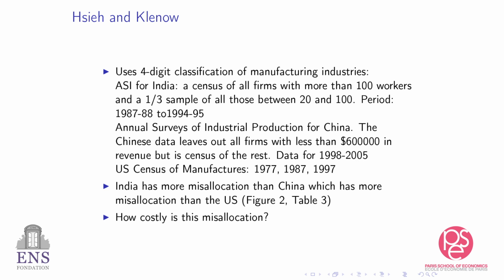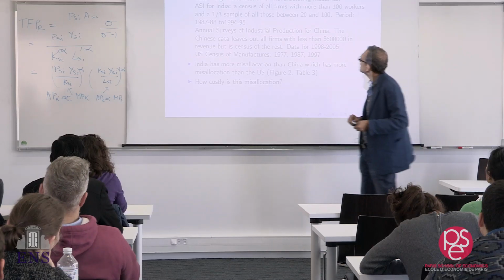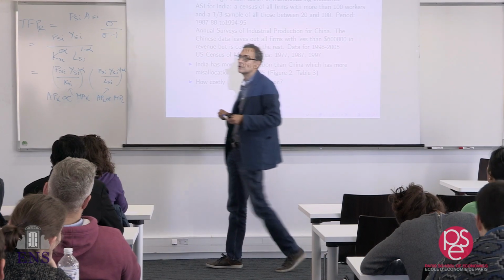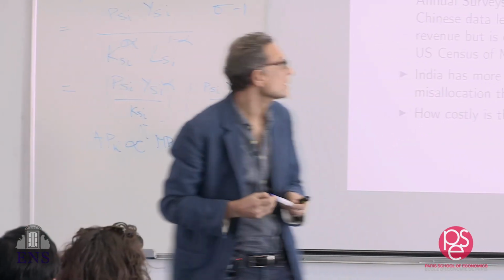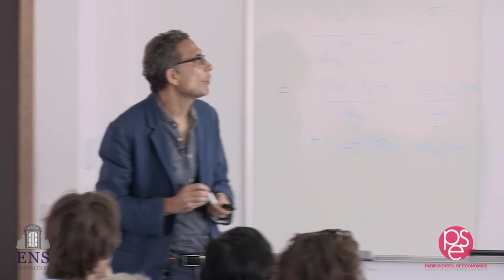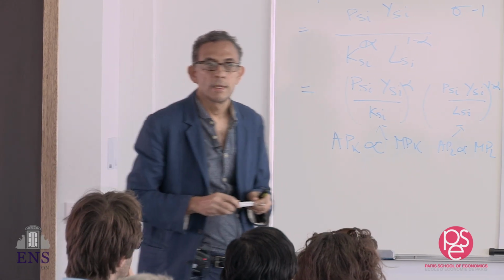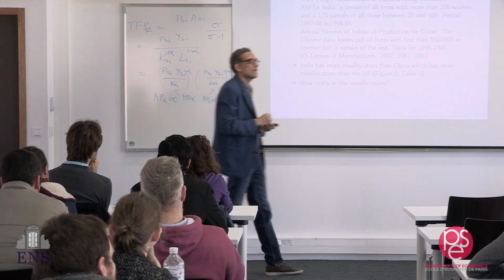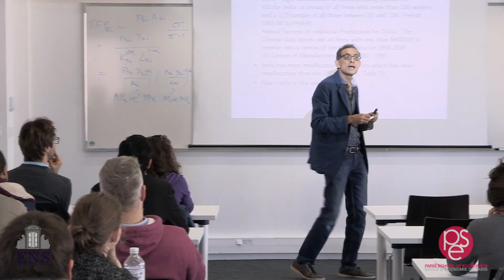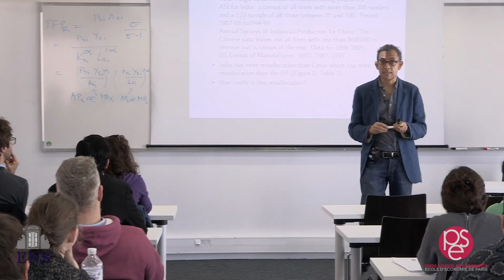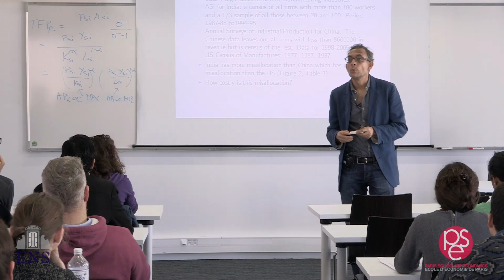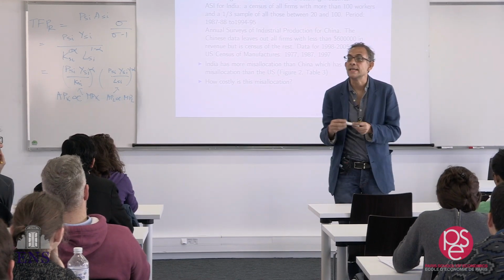So they use the ASI data from India, the Annual Survey of Industries, which is essentially a census of all firms with more than 100 employees, plus a third sample of all the firms between 20 and 100. This is in a sense a very conservative exercise. Why? Because we already kind of got the hint.